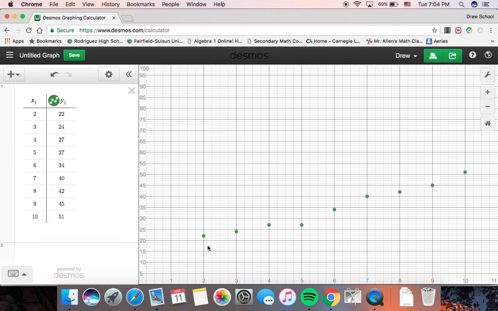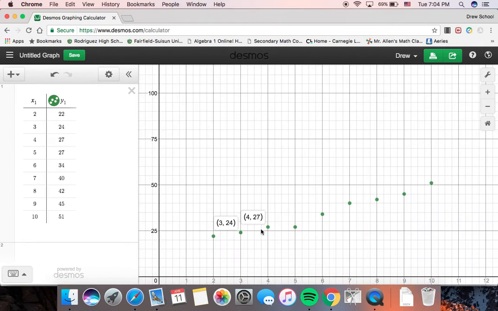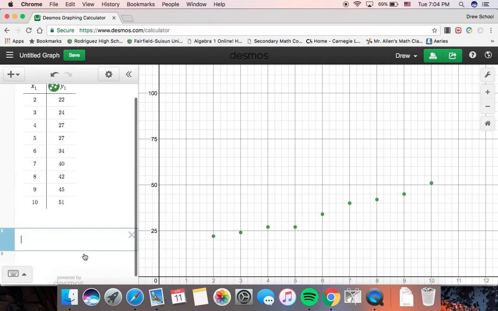Now if you can notice, our dots aren't in a perfect line. So what we're going to do is choose 2 points that look like they are the best. Let's choose 42, and let's choose this point, 27. And I'm going to find the slope. We had 42 as our y value, 27 is our other y value.